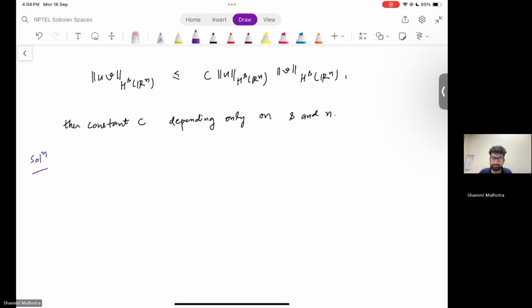Solution. This says that this is an algebra.